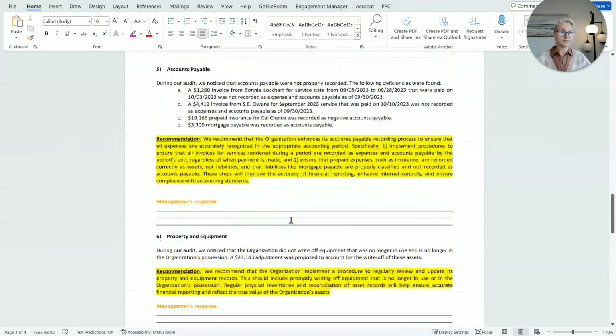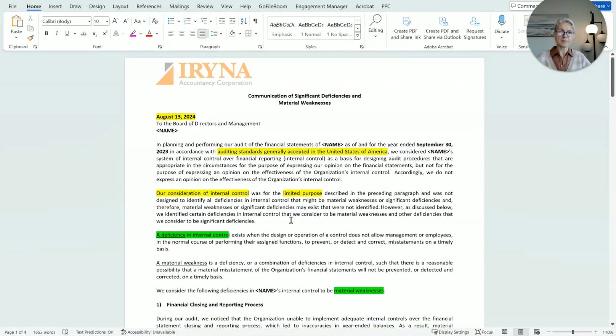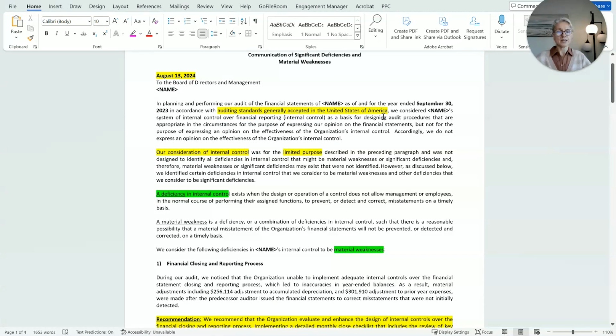Now, again, this is the letter. I know a lot of board members and management review that letter, but very often they do not understand the difference between material weakness, significant deficiencies, and just other deficiencies. They also do not understand the responsibility of the management, and I would advise management to take this letter with gratitude and understand what can be done better.